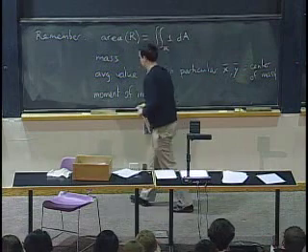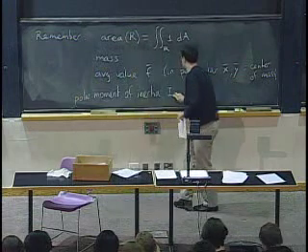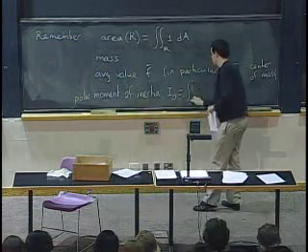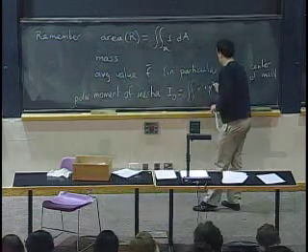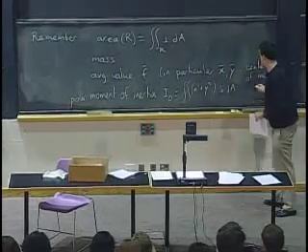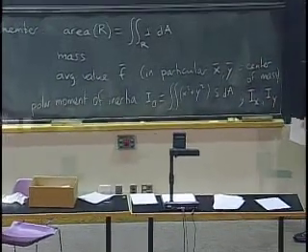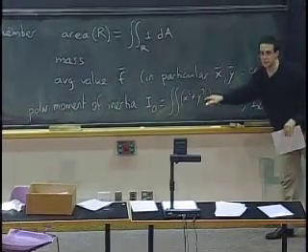In particular, the polar moment of inertia, which is moment of inertia about the origin. Okay, so that's the double integral of x squared plus y squared times density dA, but also moments of inertia about the x and y axes, which are given by just taking one of these terms.